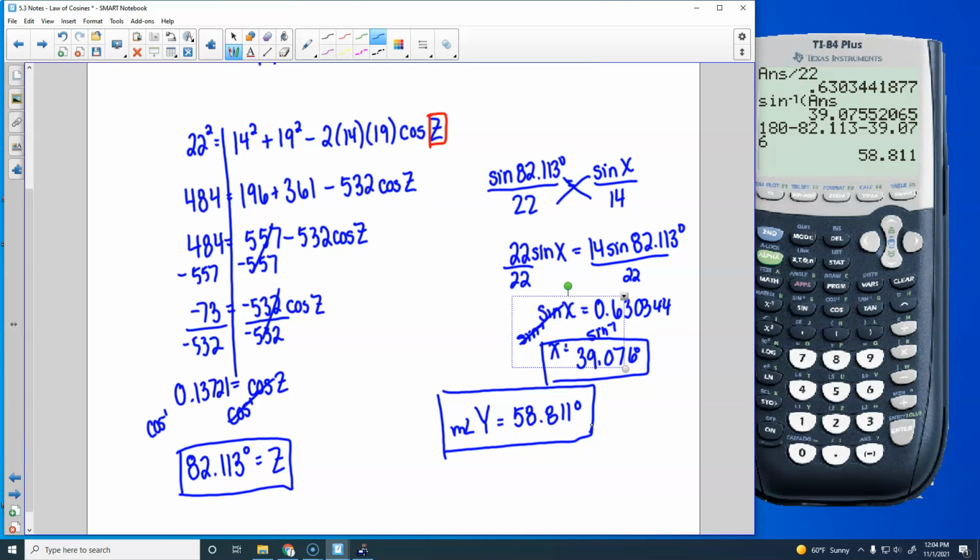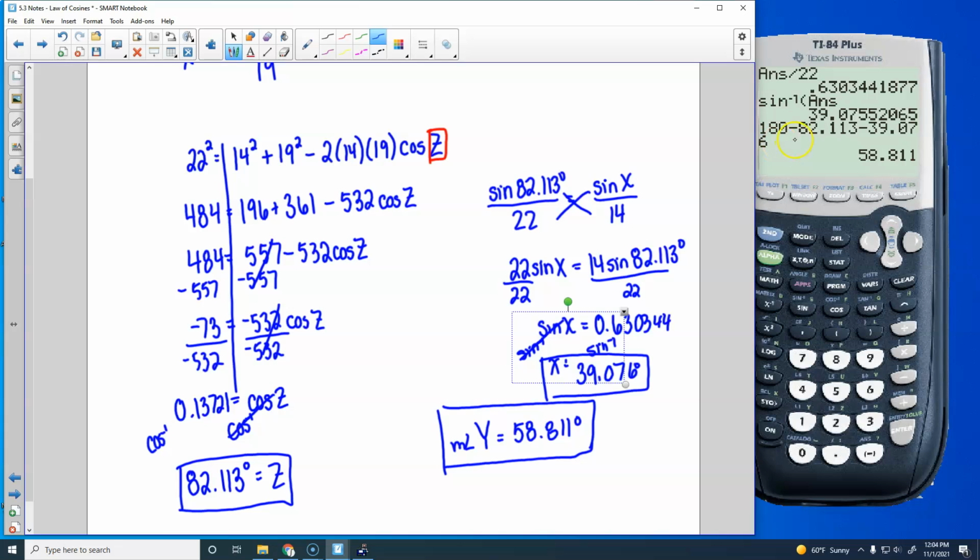Did you get a different answer for x? I used the exact answer, so they should have been the same. What variable do you store yours as? Okay, let me see.